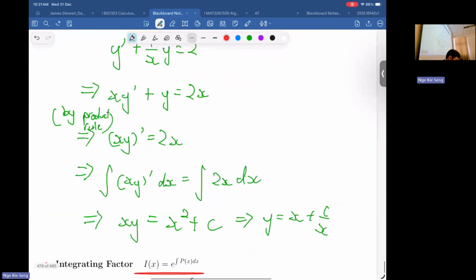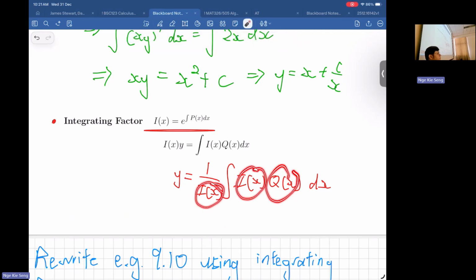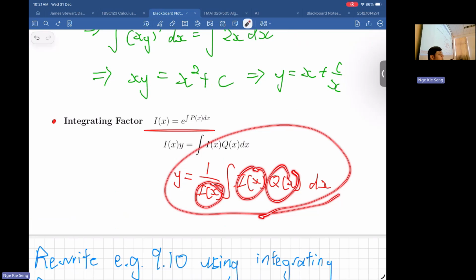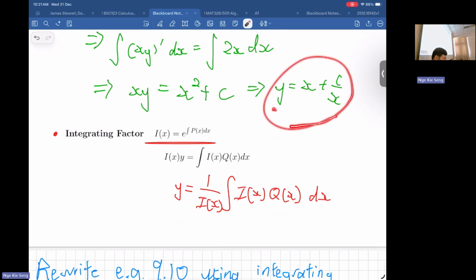First, you use your p(x) to find this integrating factor, and then your solution will be in terms of the integrating factor with q(x). This solution is how we can get, for example, y equals x plus c over x here. Does it make sense for now?